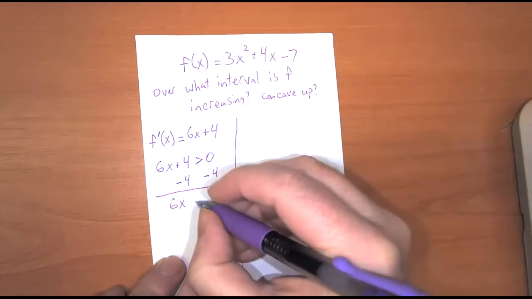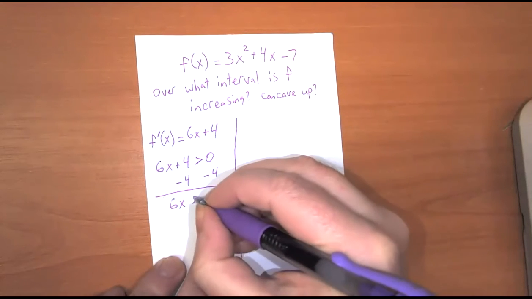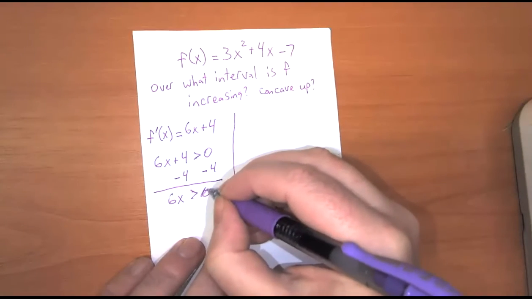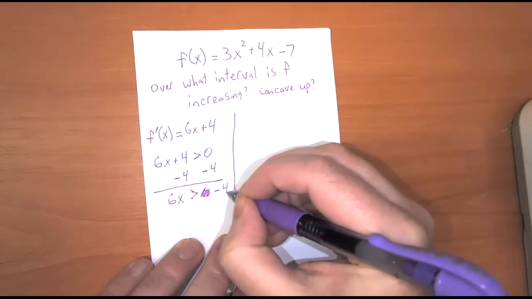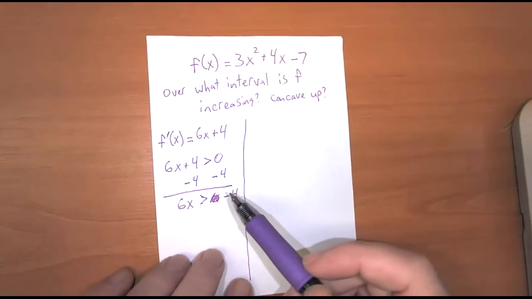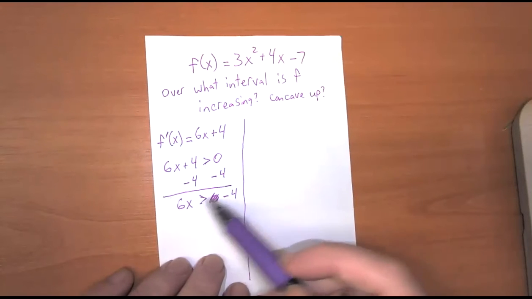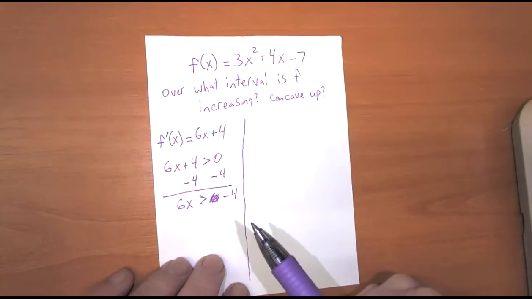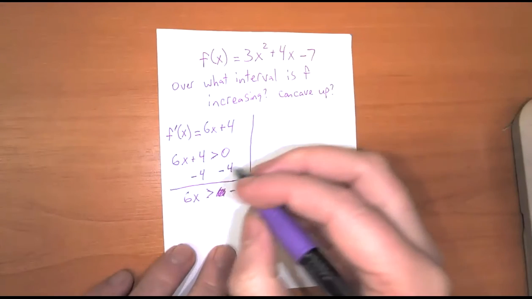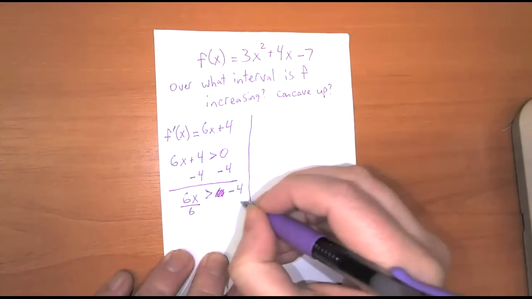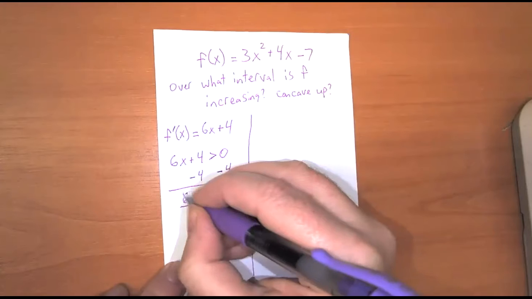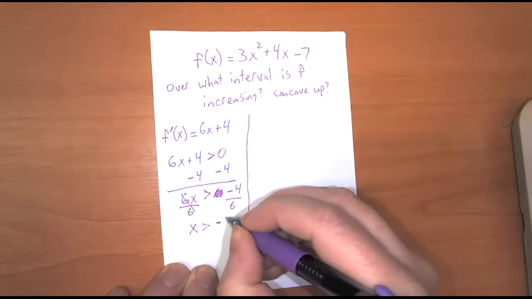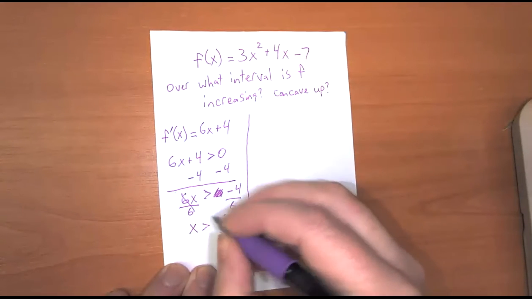So we subtract 4 from both sides. Works just like a normal equation. The only rule we have is that if we multiply or divide by a negative number, we've got to flip the inequality. That's the only thing we need to worry about. But 6 is a positive number, so we don't need to worry about that. So x is greater than negative 2/3.